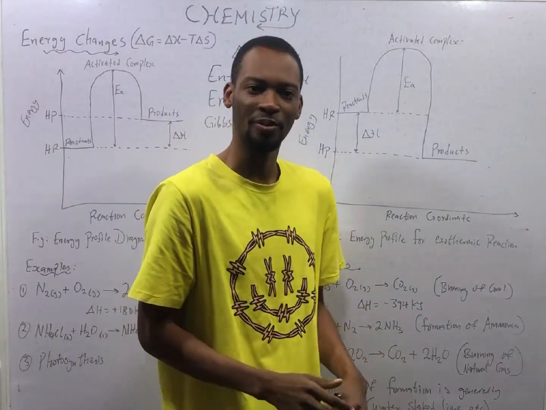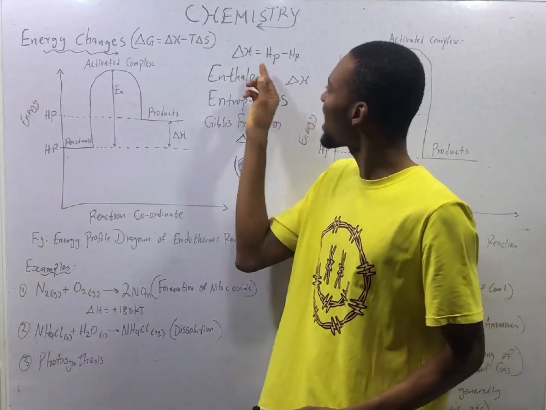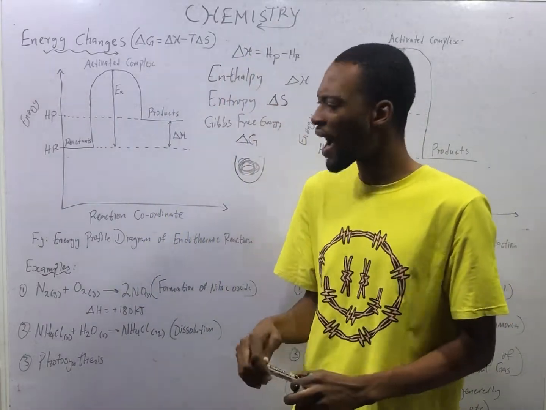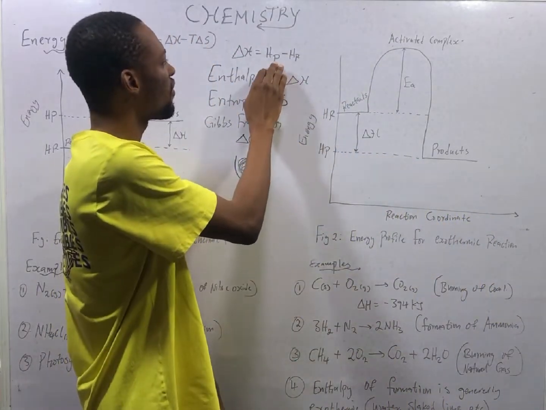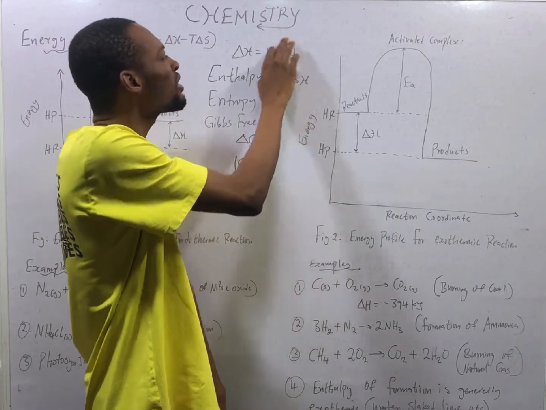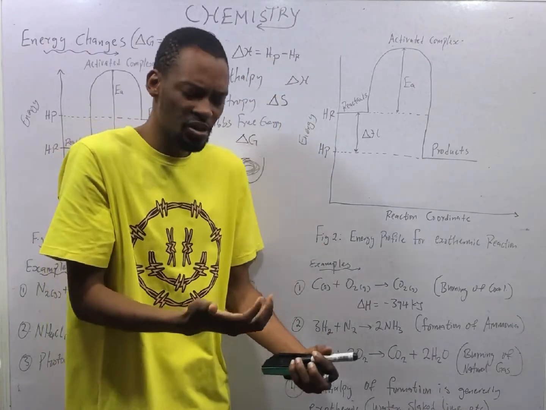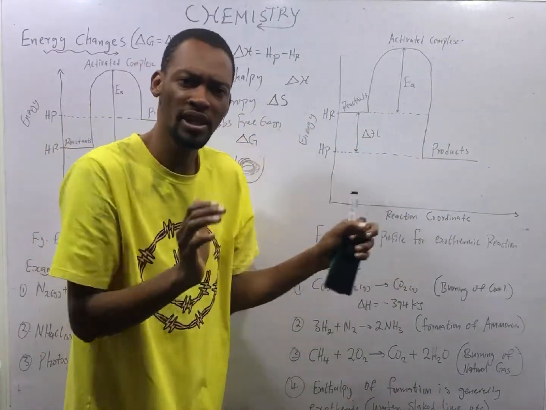Exothermic reaction. In an exothermic reaction, delta H is negative. Why? The heat of the reactant is more than the heat of the product, because the reactants are so hot that they are giving it out. So the surroundings get hotter.